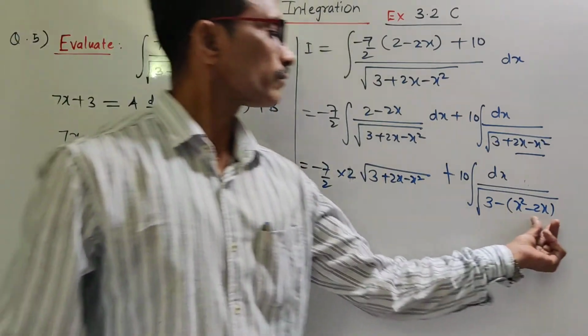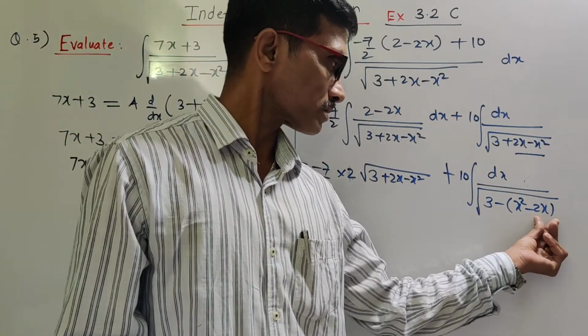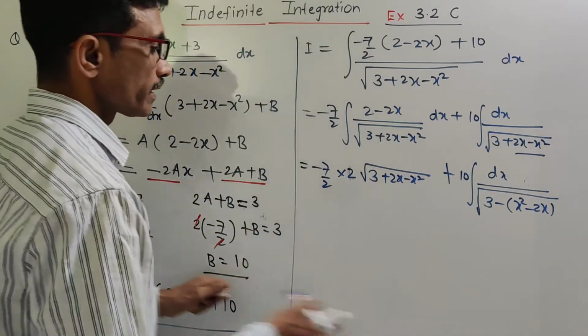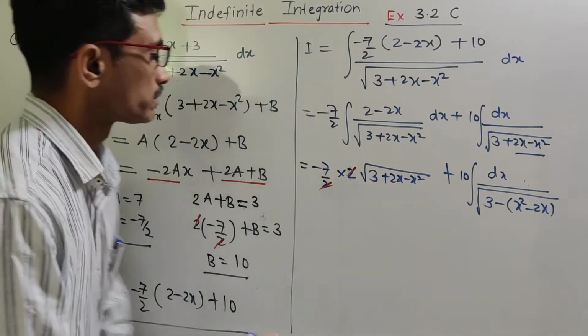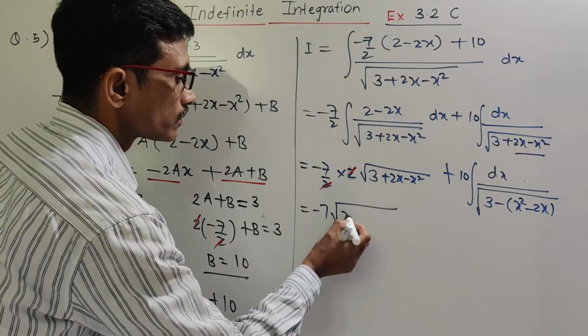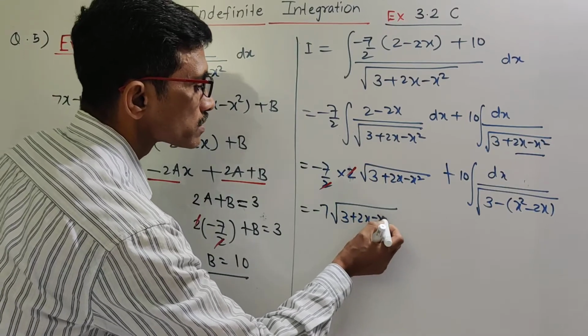Here inside the bracket we add half of the coefficient of x, that is 1 square. Now this 2 is getting cancelled, so it is minus 7 root of 3 plus 2x minus x square.